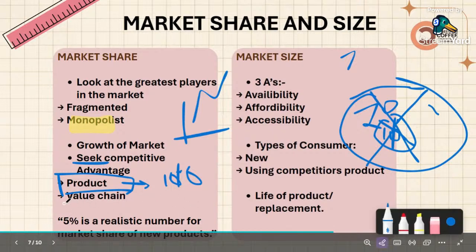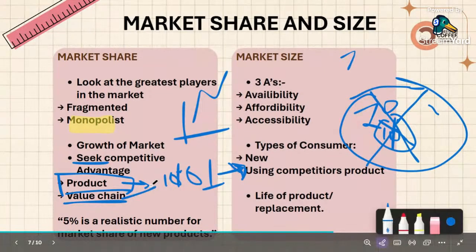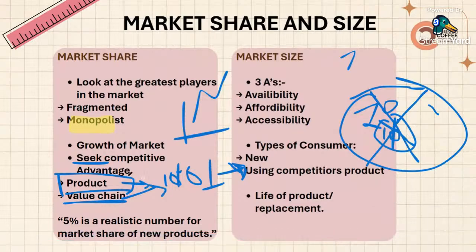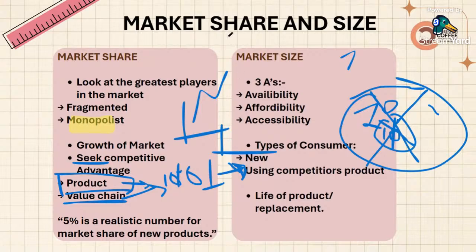Then value chain. As I explained in the previous slide as well, there is value chain analysis. So I'll be discussing this in detail in the profitability cases, which will be happening tomorrow. So in this value chain, let's say the entire supply chain is controlled by some of the competitors.